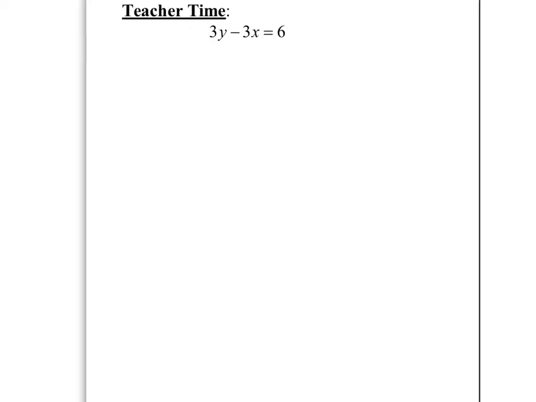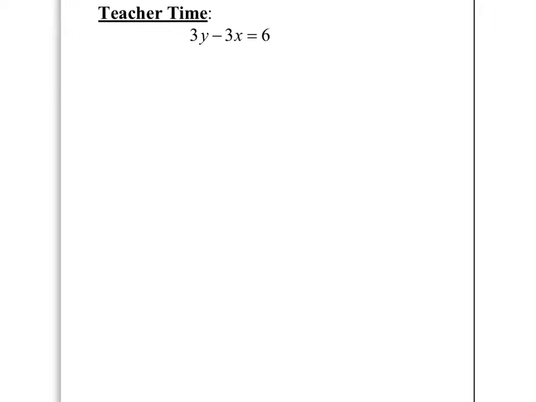So looking at this, we have 3y minus 3x is equal to 6. First thing that we want to do, we recognize this is not in slope-intercept form. This is actually in what form? Standard form. We'll go ahead and switch this, and we'll start solving for y. What inverse operation do I need to do to solve for y first? Paula.